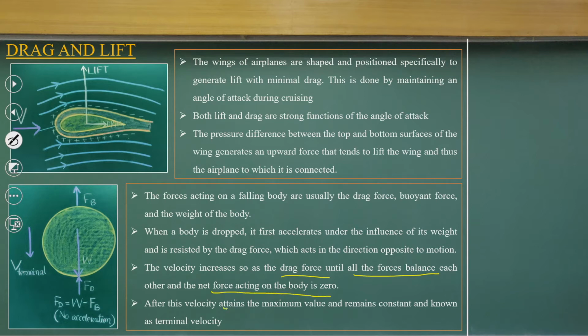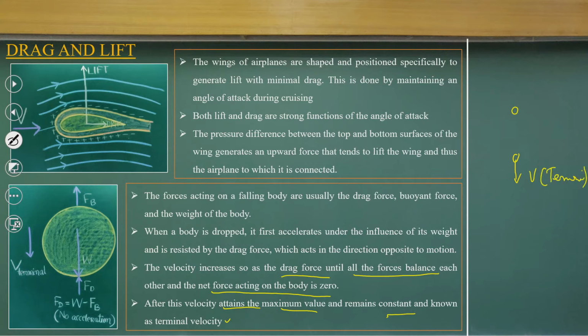Then the velocity reaches its maximum, the terminal velocity. So a smaller dust particle will fall at its terminal velocity.